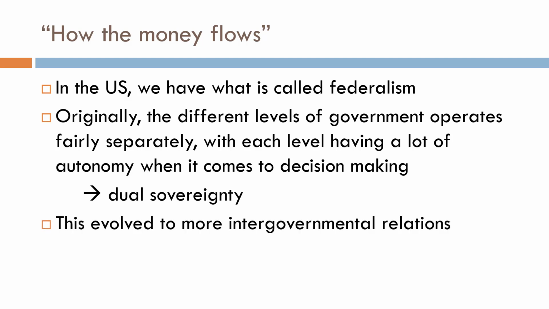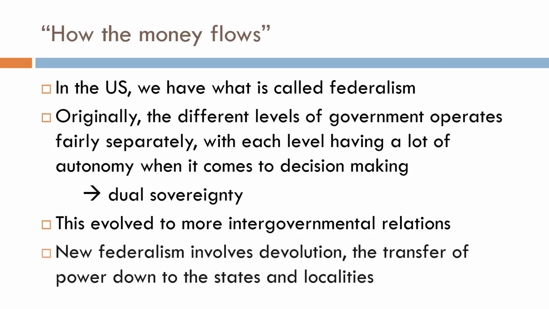This evolved into having more intergovernmental relations of the kind that I went over a few slides ago in terms of the different combination of authorities. Now we have what is called new federalism, which is also called devolution.